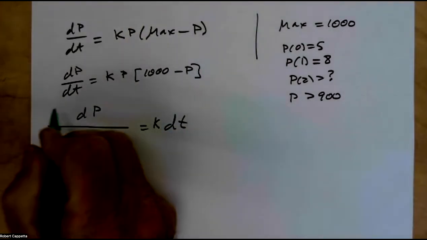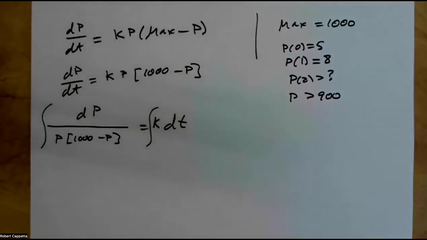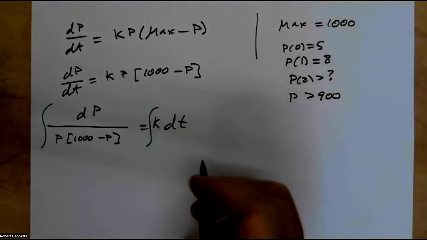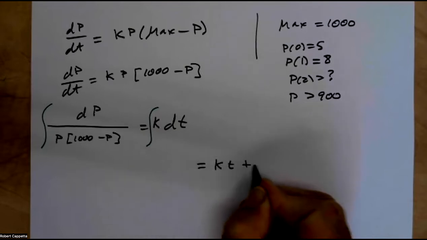Integrate the left side, integrate the right side. But the left side is going to require us to do a partial fraction expansion. And the right side is just kt plus C. So the right side is easy. Let's go ahead and do that. The right side is just kt plus C.